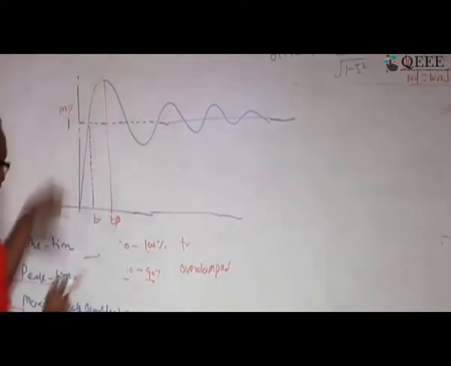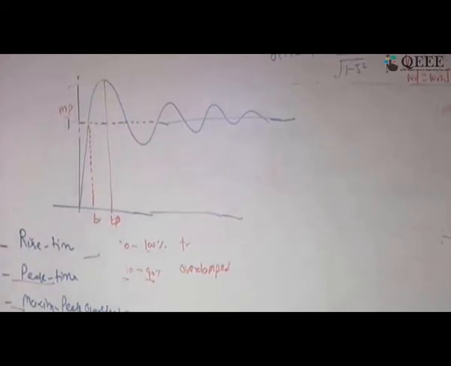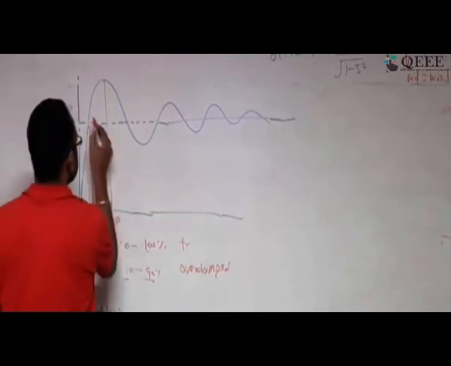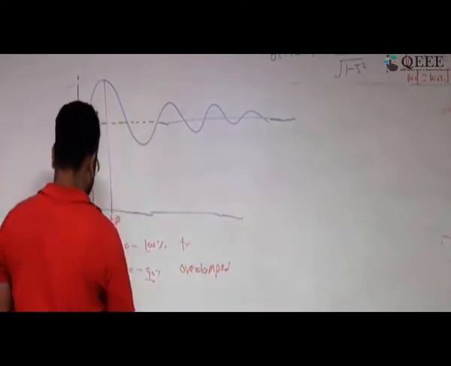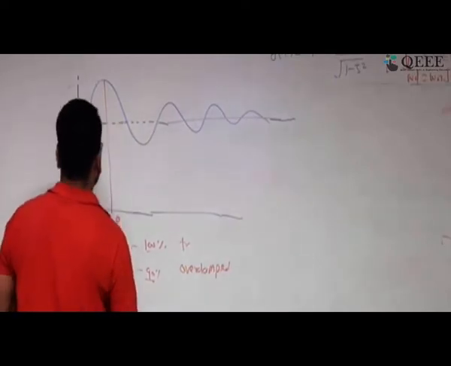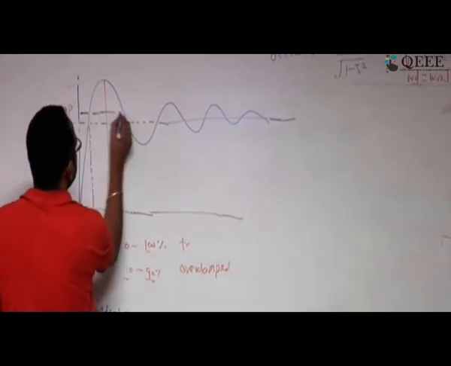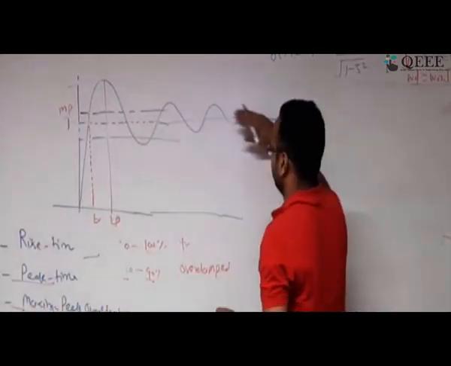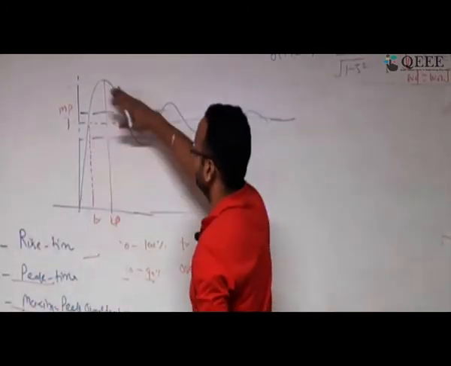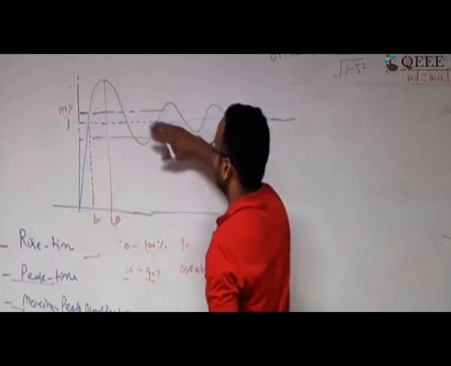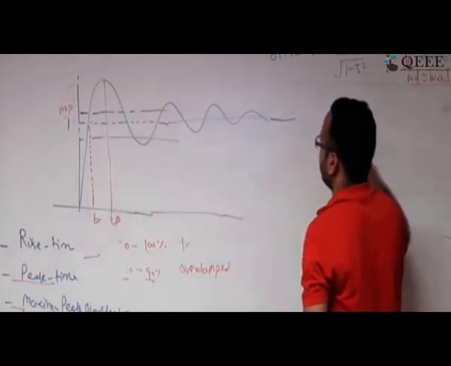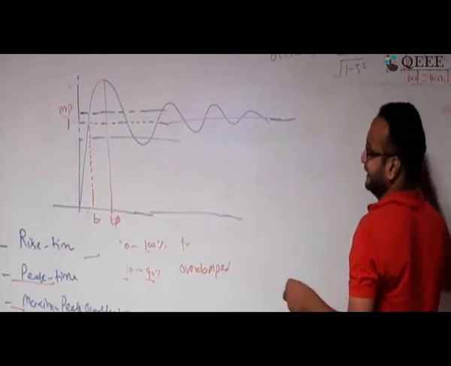Settling time. It's a very important parameter that we use. If you look at it, this is some kind of oscillatory behavior, and as the response comes, it will be a sinusoid, and as you keep on going, this oscillation will decay.